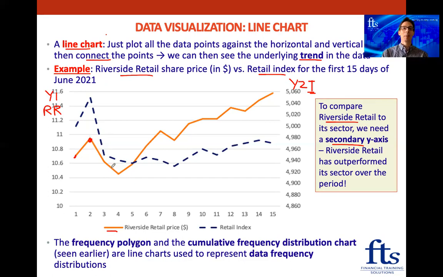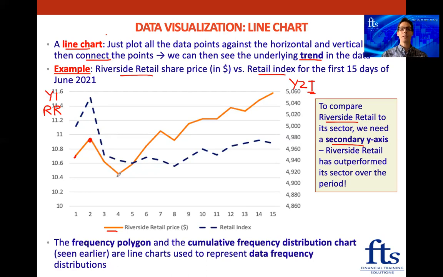Maybe on the 3rd of June an economic announcement was made, let's say the GDP, the gross domestic product of the economy, took a tumble, or consumer confidence was down, or unemployment was up, or something.